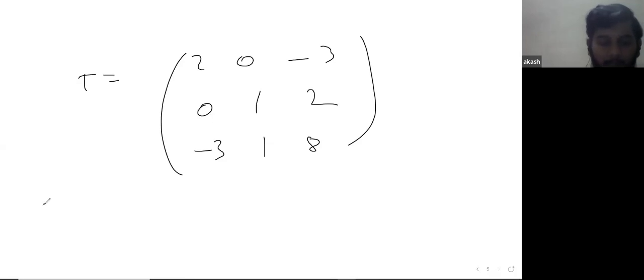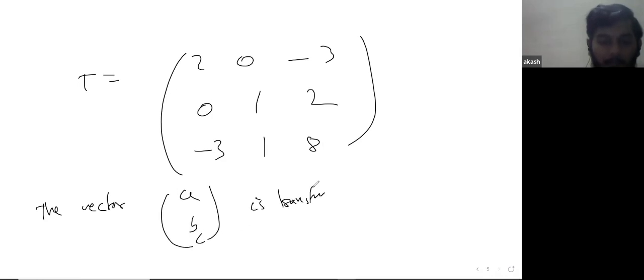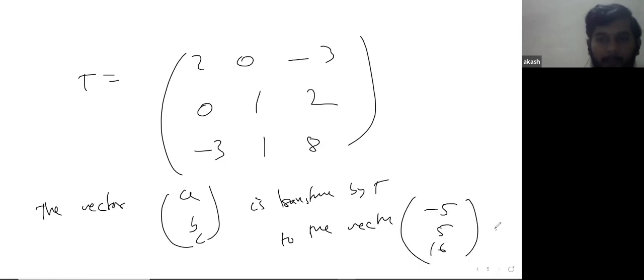They are asking: the vector A, B, C is transformed by T to the vector minus 5, 5, 60. You have to find A, B, and C.